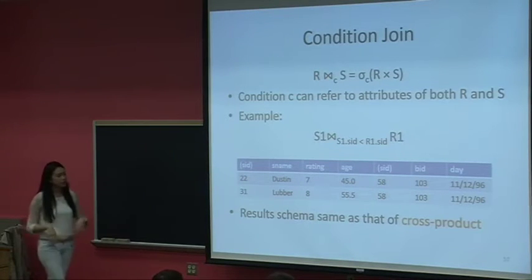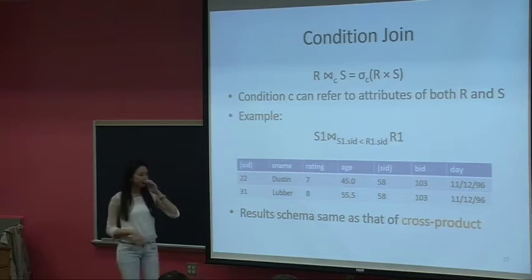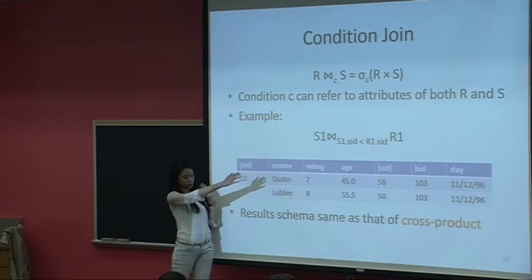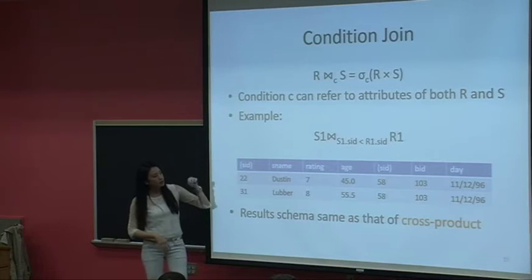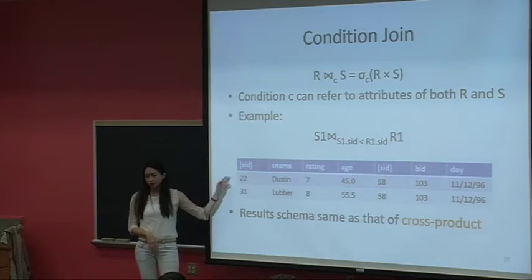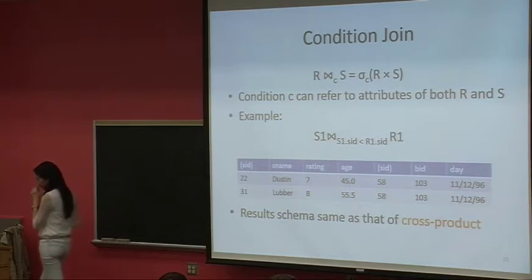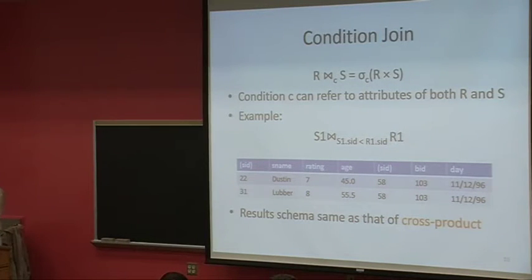Because as we said earlier, the first step is to take the cross product, and that gives you this number of degree. And doing selection actually doesn't change the schema, right? So that's why we say the schema is the same as that of cross product. So that's the first type of join.